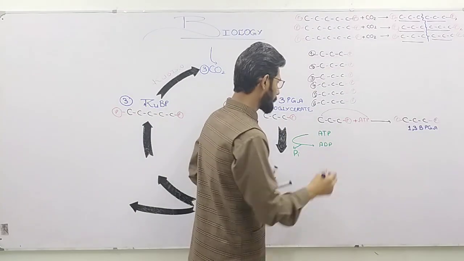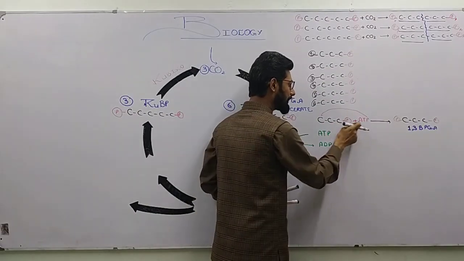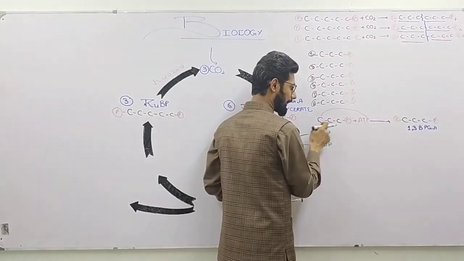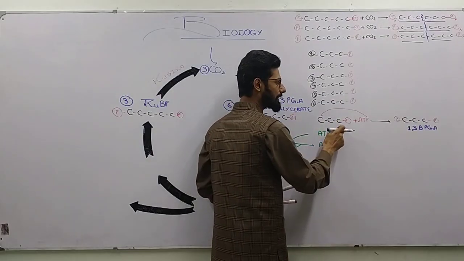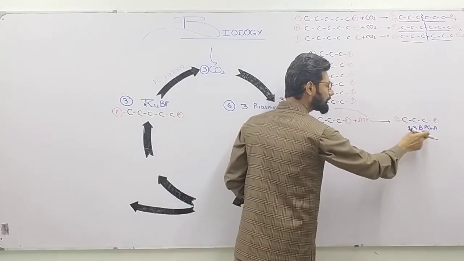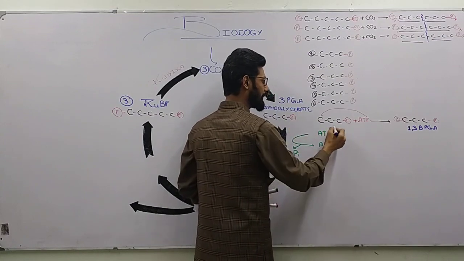So after the addition of phosphate from ATP to 3-phosphoglyceric acid, it is converted into 1,3-bisphosphoglyceric acid.